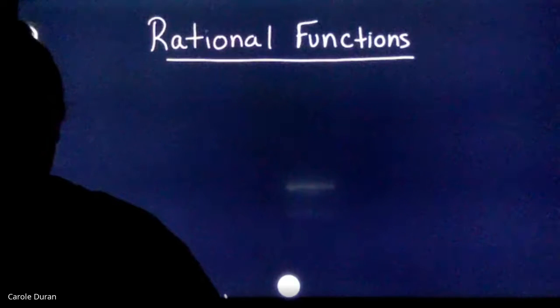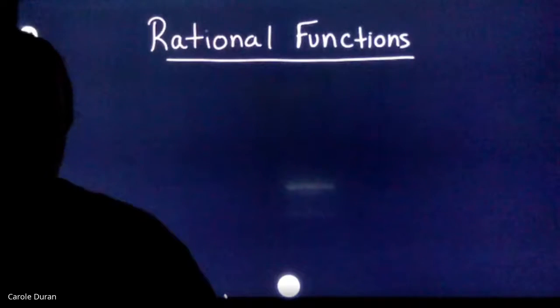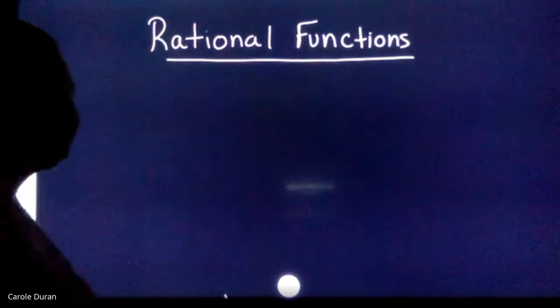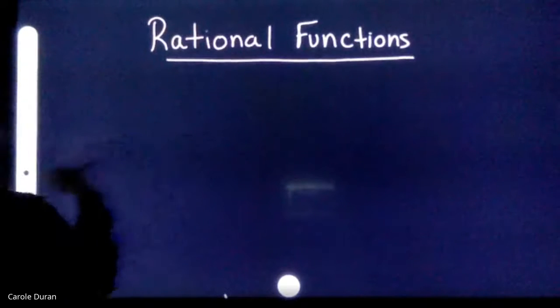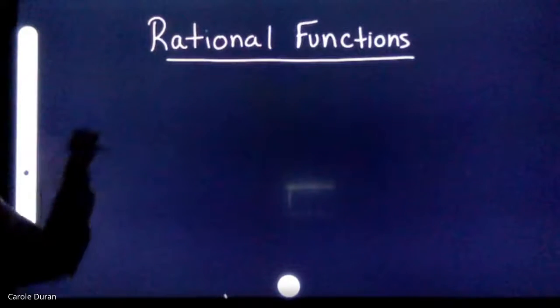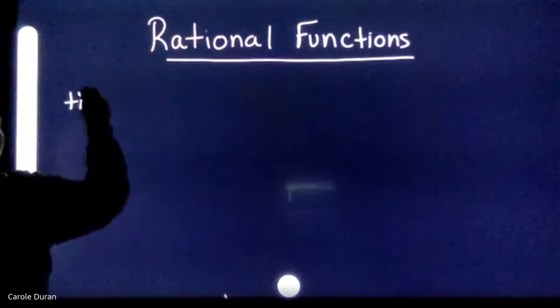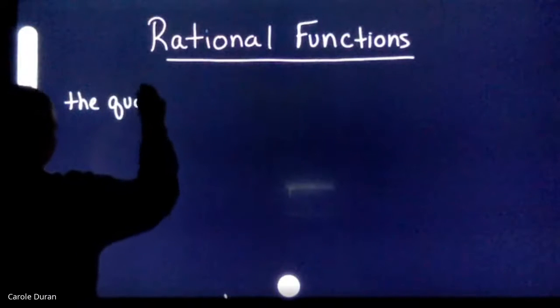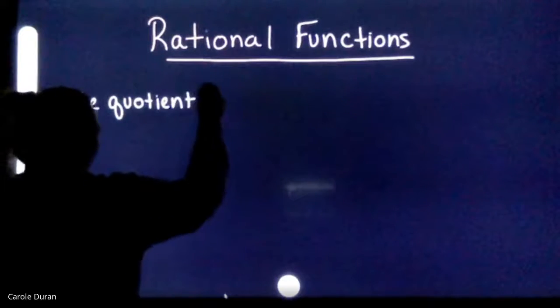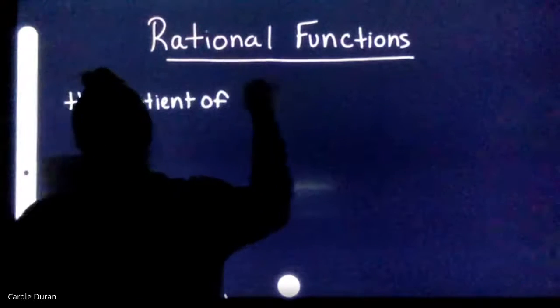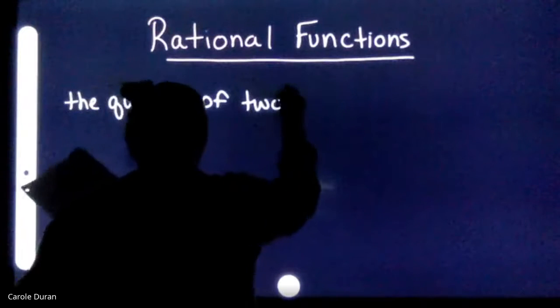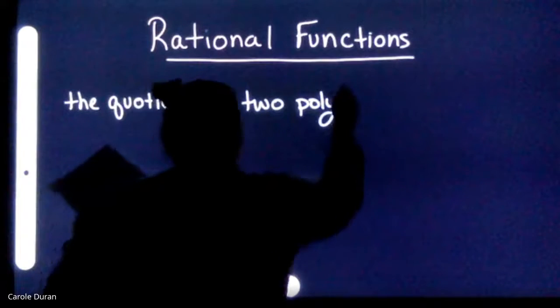Okay. I guess we'll just go ahead and, oh, there we go. Now we can go ahead and start technically. Okay, so a rational function is simply the quotient of two polynomial functions, so the things that we've been looking at.